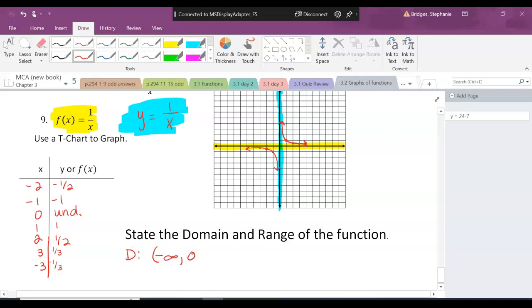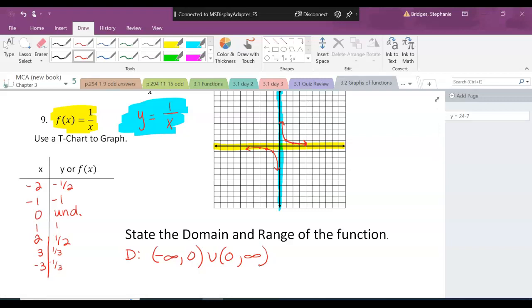Can I equal 0, or should I use a parenthesis? Parenthesis. And then I have a skip in my graph, so we're going to do our union like we've been doing. And I'm skipping over. I still can't touch 0, but then I'm going to proceed to go where? To positive infinity. So I'm going to use a parenthesis again and 0. So basically, x can be anything except for 0.